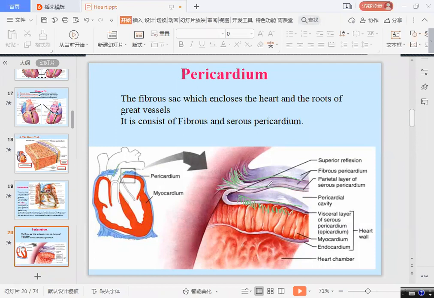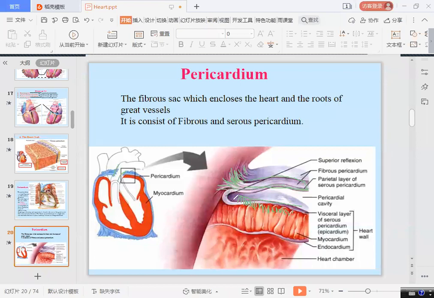I told you the serous pericardium is divided into two layers. The layer which is attached with the fibrous pericardium is known as the parietal pericardium. This parietal pericardium runs along with the fibrous pericardium, and it has different reflections.